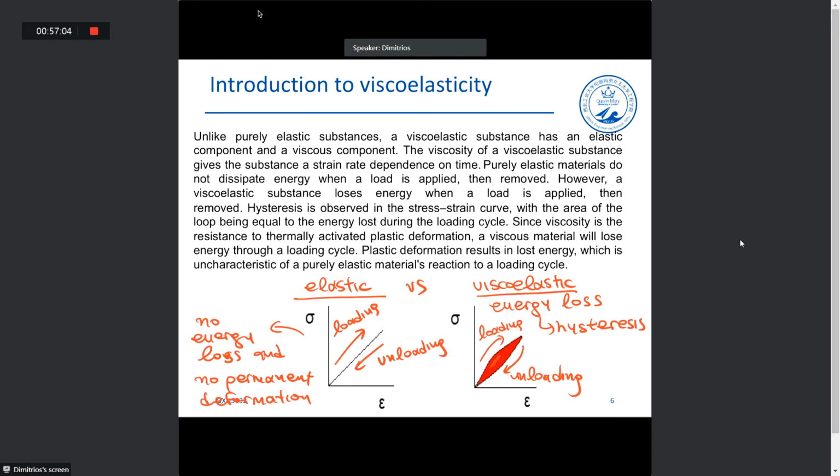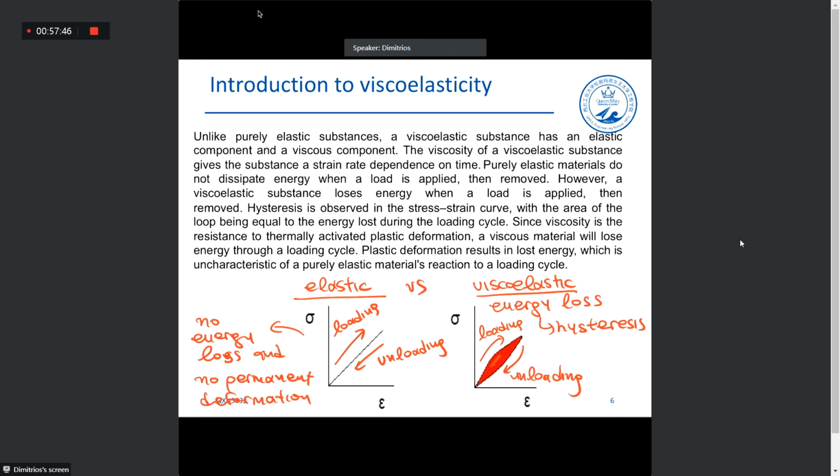This value is not only a function of the applied load, but also of the rate of the load that is applied, okay? And the origin of hysteresis is essentially heat. Heat comes from the application of strain, okay? Because we apply strain continuously, we make the chains slide against each other, and because the chains slide against each other, internal friction is developed, which is translated to heat, okay?